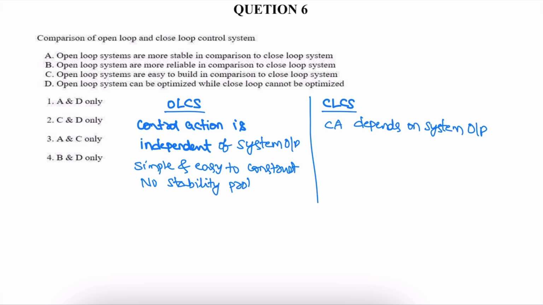Open loop control systems are more stable, but they are more inaccurate and unreliable, whereas closed loop control systems are more accurate and reliable. These are complex to construct. The design is complex, difficult to construct.